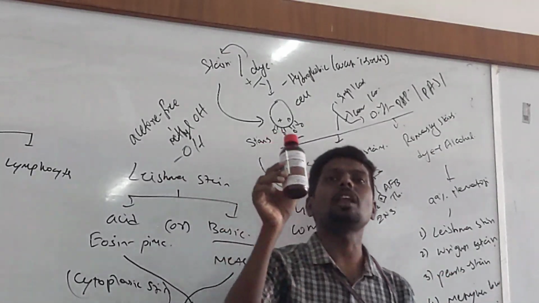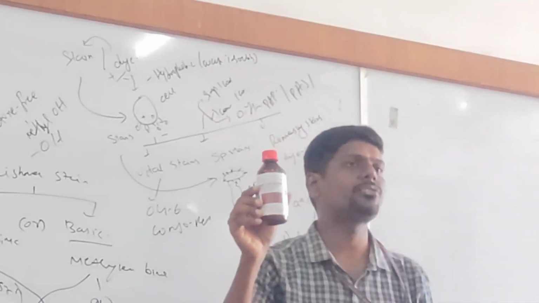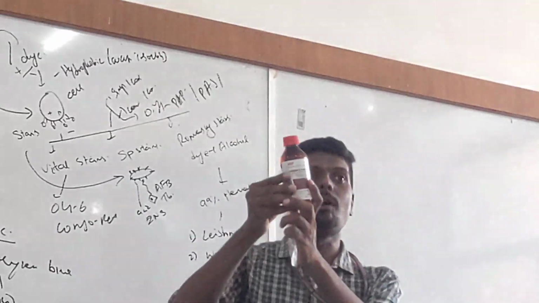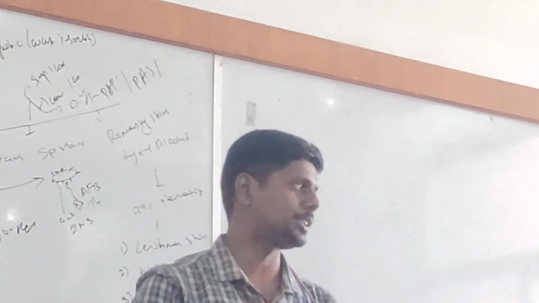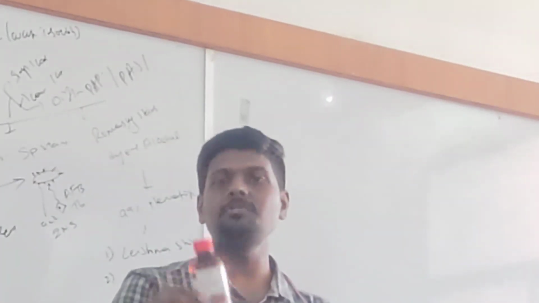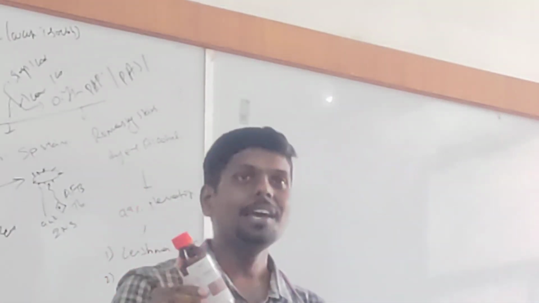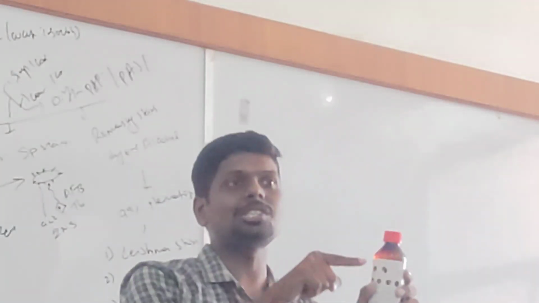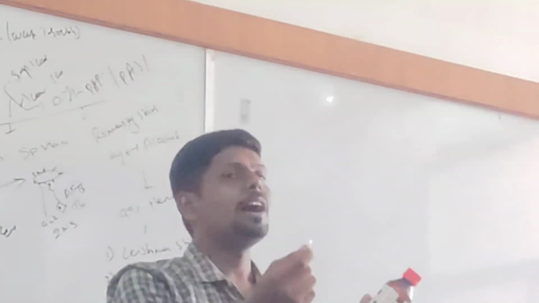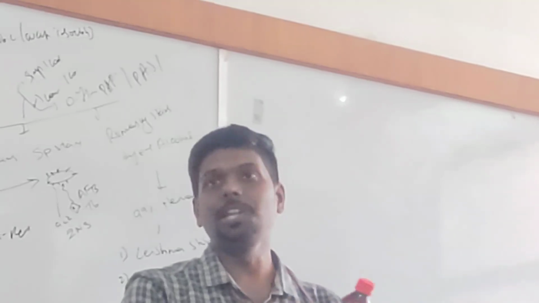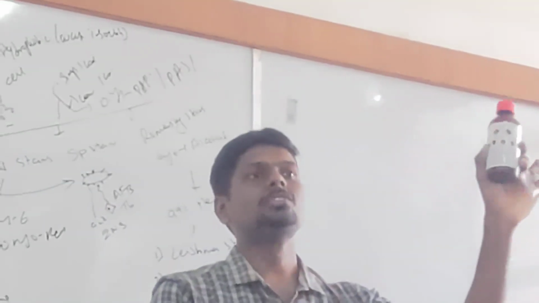Now the stock life, the shelf life of this solution, once adding the dye, is 9 months. Within 9 months we should utilize it. Why? Because this alcohol will start bleaching the dye and it takes around 9 months. So within 9 months we must utilize the stock reagent.